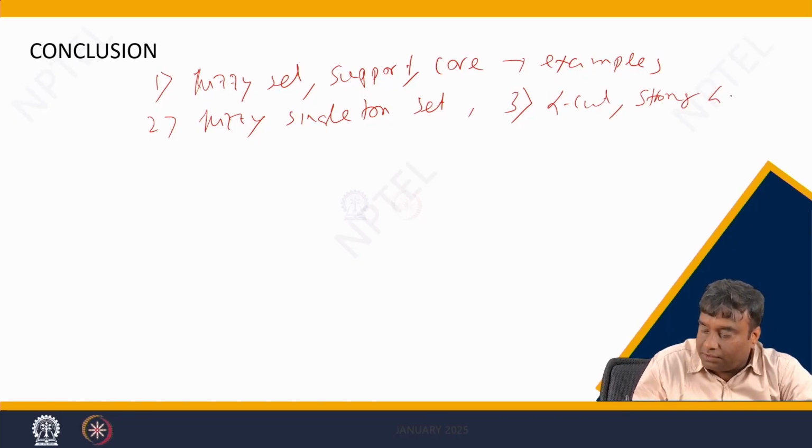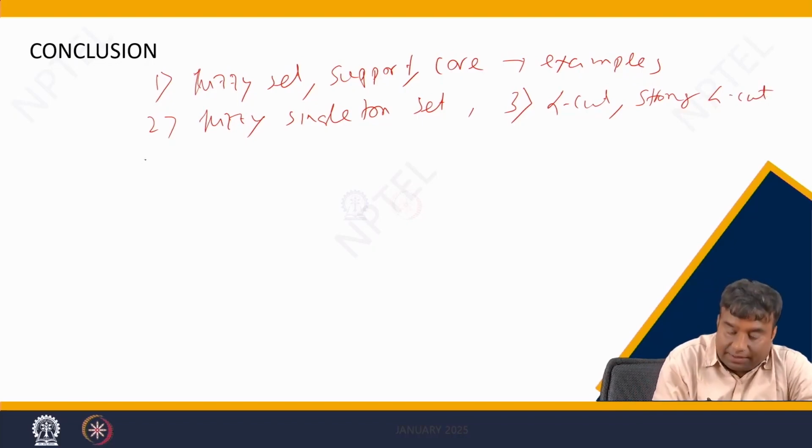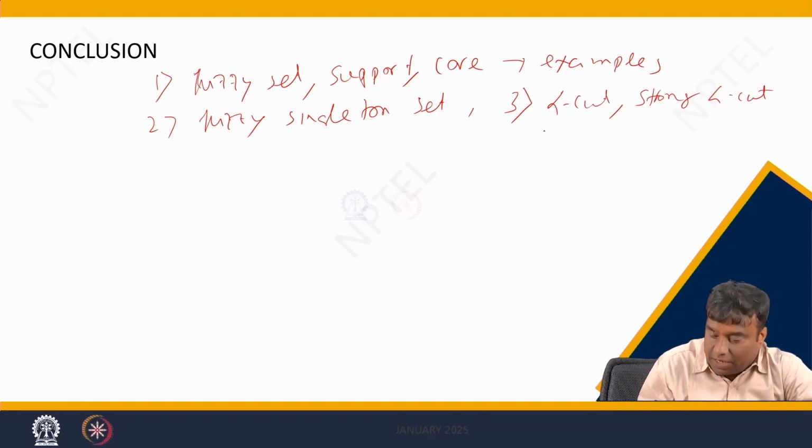We have also understood that A0, taking alpha equal to 0, means support, and A1 means the core.